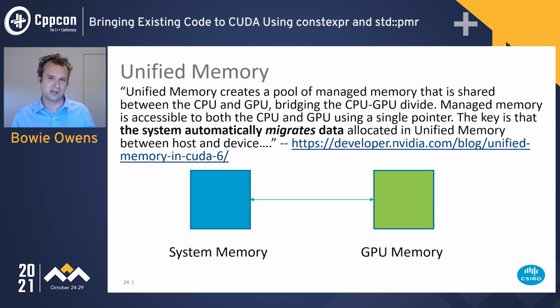And using memory accessible only to the device makes it very clear if you've not successfully limited your calculations to the device. Okay, so it's easy to define a PMR memory resource that allocates memory accessible only to the device. So let's look at how to do that.